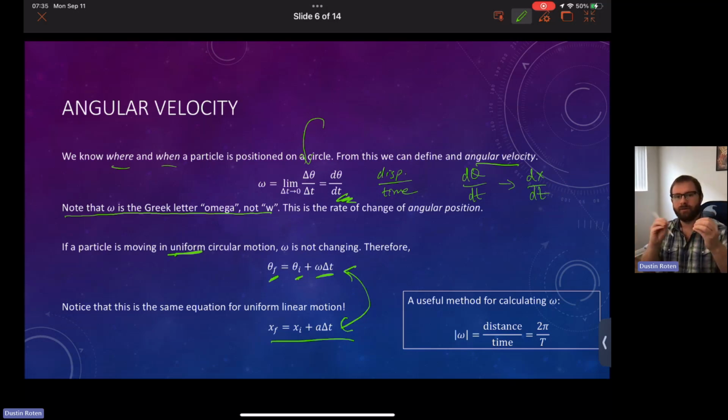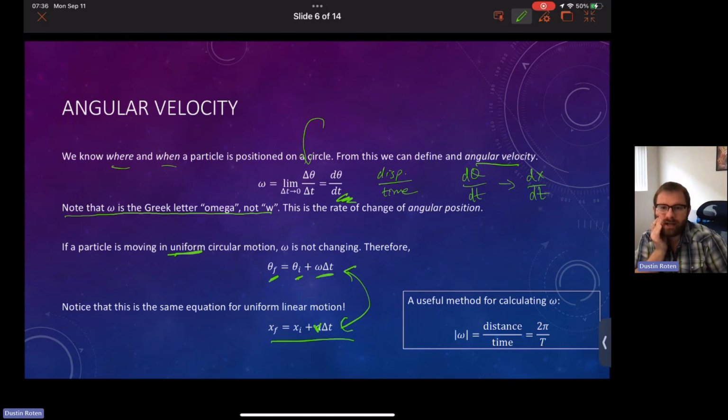You just have to be mindful of what you're using, like an omega versus a v for velocity. Oops, I just noticed a small typo. That acceleration should be a v.